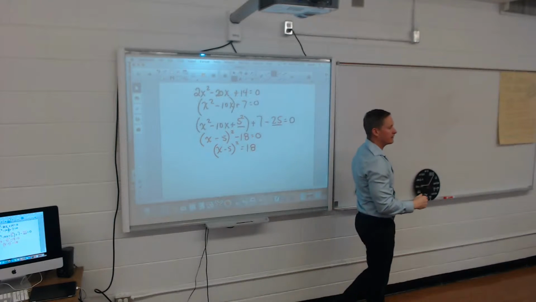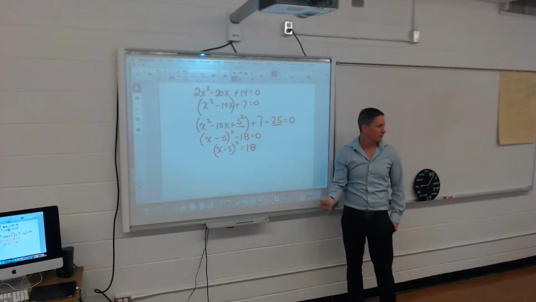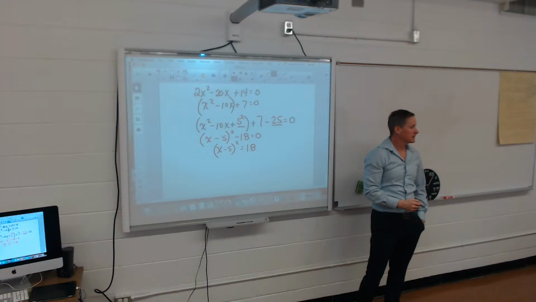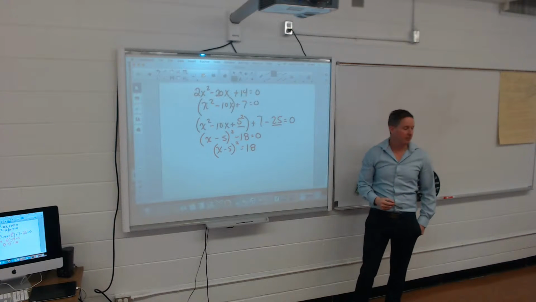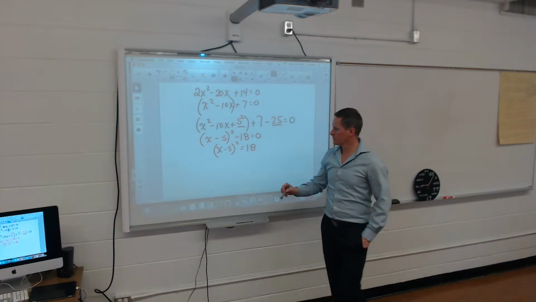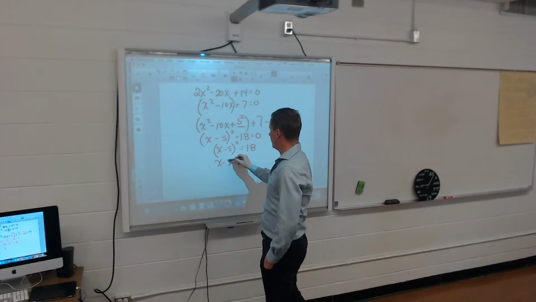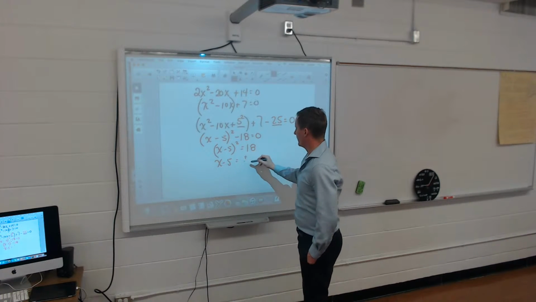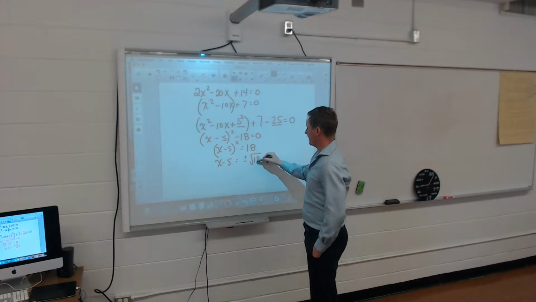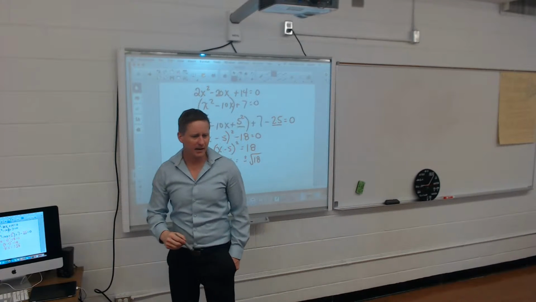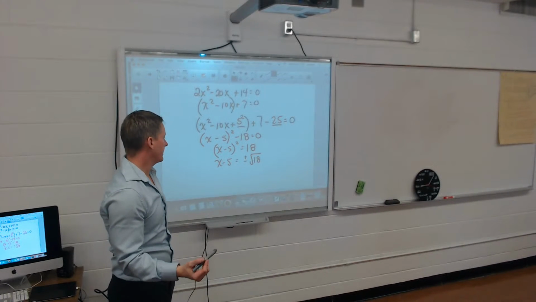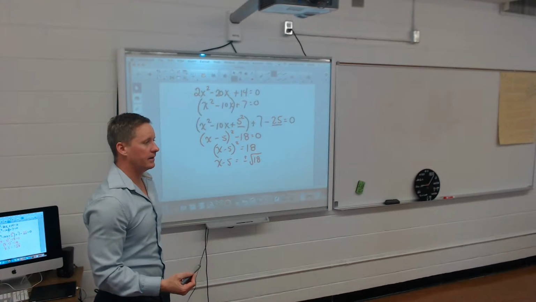Now, how do I get rid of the squared value? Square root. So I'm going to square root both sides, right? So that leaves me at x minus 5 here, and over here I have plus minus the square root of 18. Now the square root of 18 is fine. There's nothing wrong with the square root of 18.